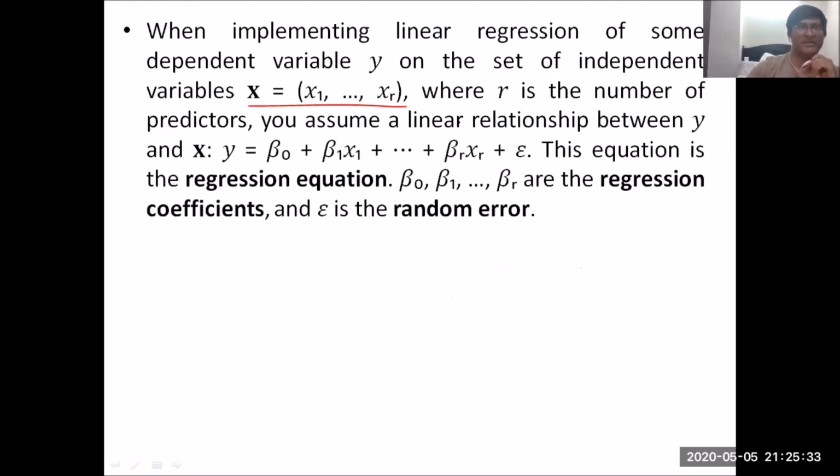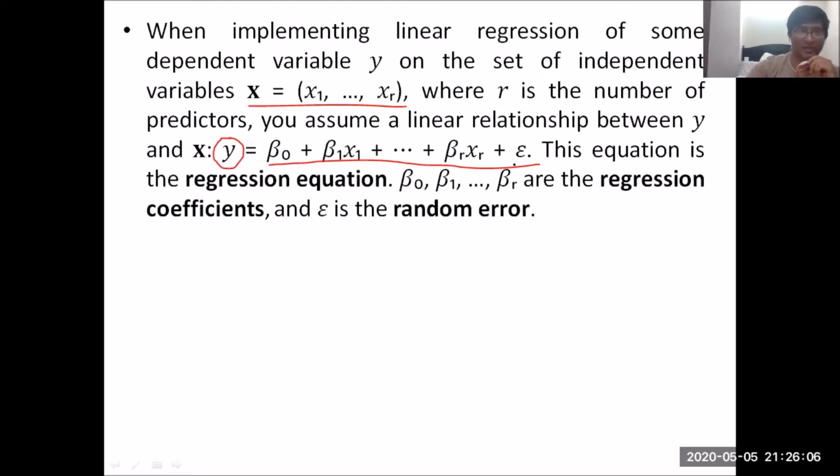We normally call these independent variables predictors. So the linear relationship we are talking about can be of this form, where y is your dependent variable. This equation itself is called the regression equation. And these beta 0, beta 1, and so on are the regression coefficients. These are the constant values.